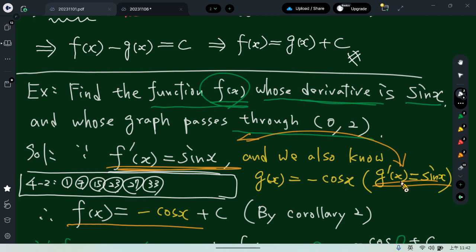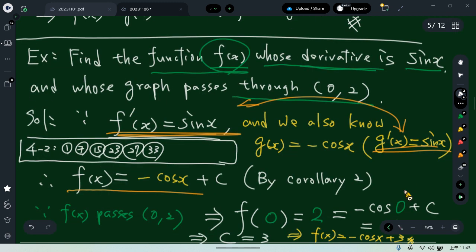Especially the mean value theorem is very, very important. In later chapters, we will mention this part again, especially in the integral. So later on, we will still face this theorem. But so far, these two corollaries are also very important.